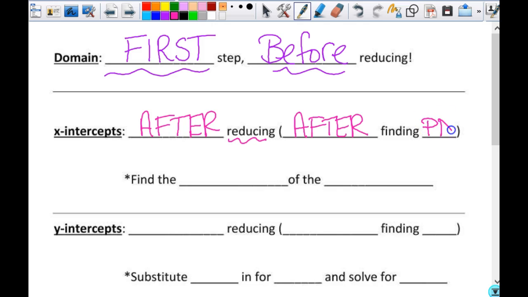So it's after finding point discontinuity. And then, when you go to find the x-intercepts, you're looking for the zeros of what? The whole thing? Numerator and denominator? Just the numerator? Just the denominator? What are you looking for? Numerator.